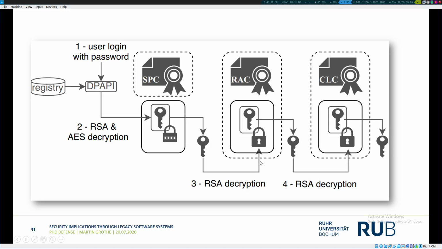The reason for that is that the private key is also stored in that rights account certificate and also in the client license certificate, except for the SPC, where both parts are stored separately. And when we get access to that private key at the SPC, then we can of course decrypt all other private keys for the rights account certificate and also for the client license certificate.